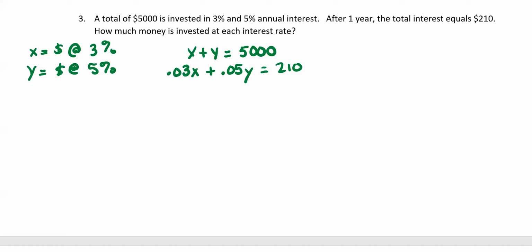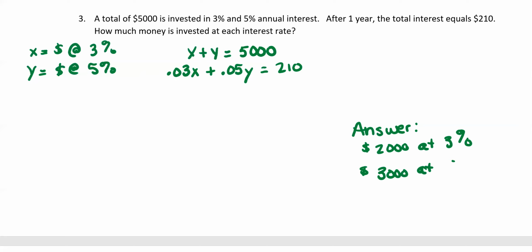Again, you can solve this by substitution or elimination. We will invest $2,000 at 3% interest rate and $3,000 at 5% interest rate.